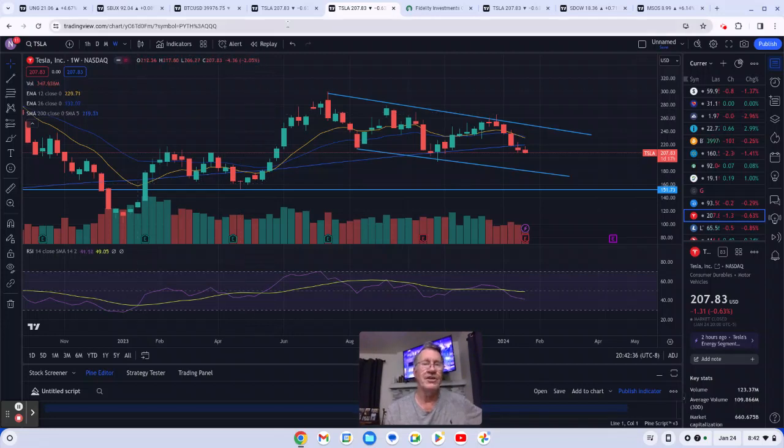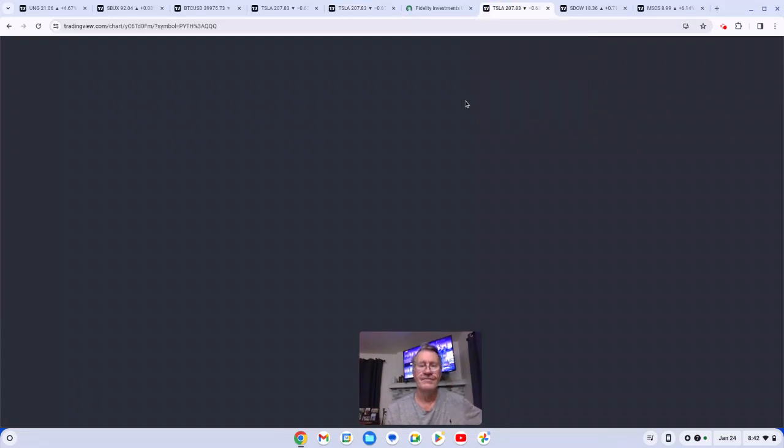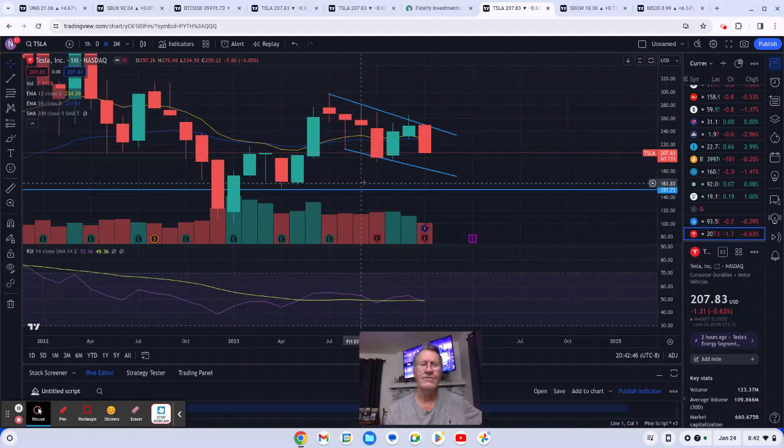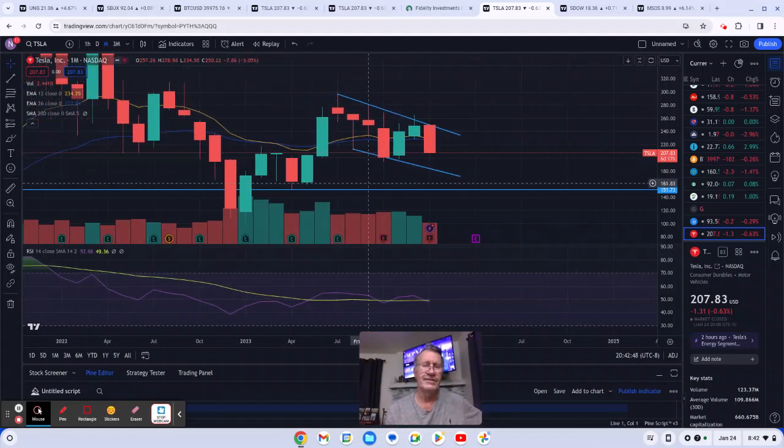So on the monthly chart, let me see, do I have a monthly chart here? I think I do. All right, so here's the monthly picture. If you remember, what I was saying is you had the low of 101.81, and then you made a monthly bull flag, and then you got to this high.